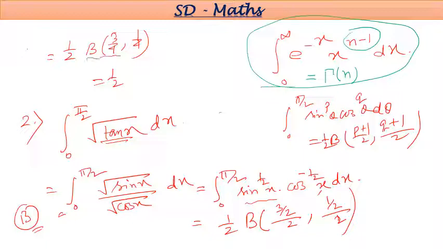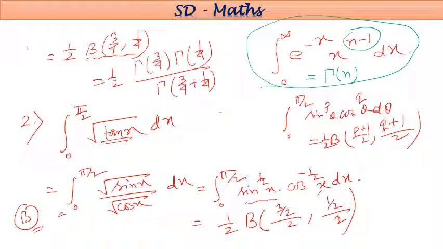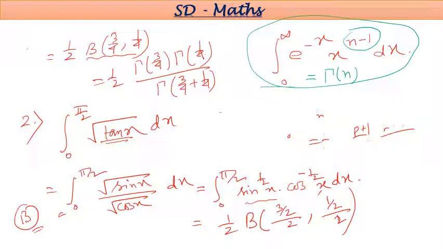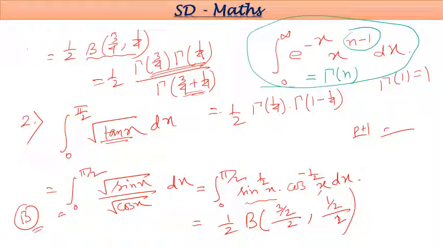Now I am using the relation between beta and gamma function: gamma 3 by 4 gamma 1 by 4 by gamma of 3 by 4 plus 1 by 4. Therefore this is equal to half. So it will be gamma 1, and the value of gamma 1 is 1, right? And the numerator will be gamma of 1 by 4 into gamma of 1 minus 1 by 4, right? And the denominator is gamma 1, which means 1.